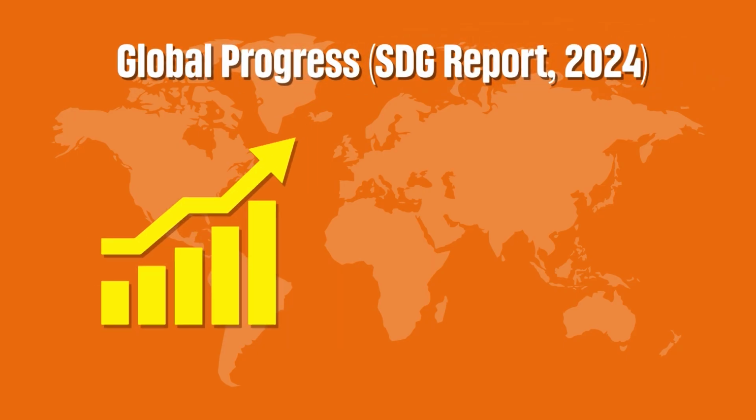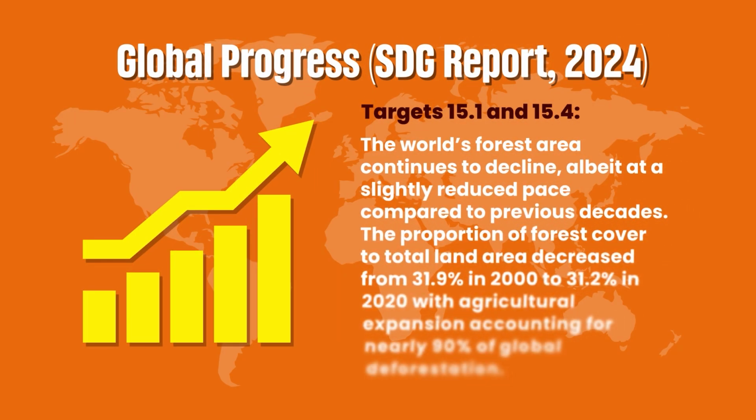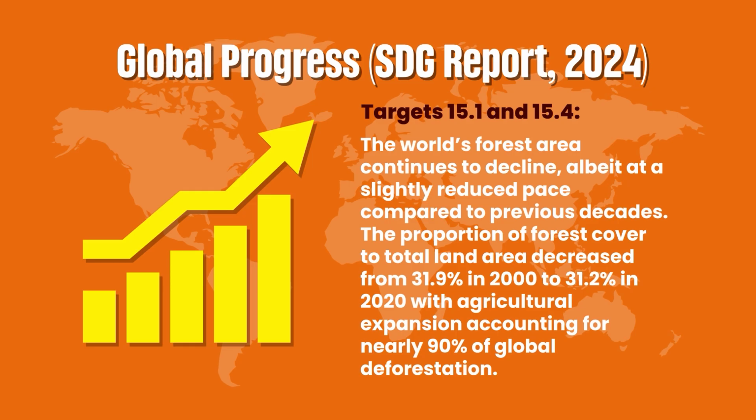So, if you look at those targets and issues, what we can say is that the world forest area, as I mentioned, is declining, if you summarize it that way: from 31.9% in 2000 to 31.2% in 2022 globally.